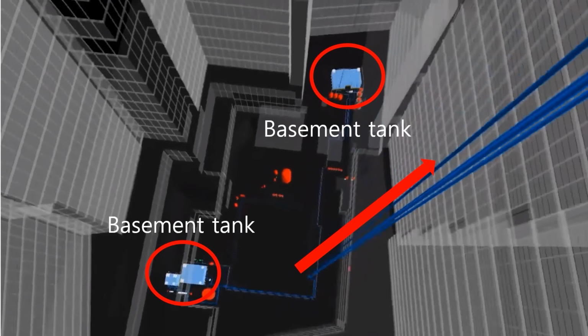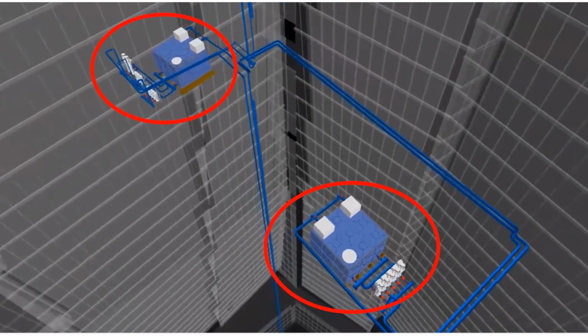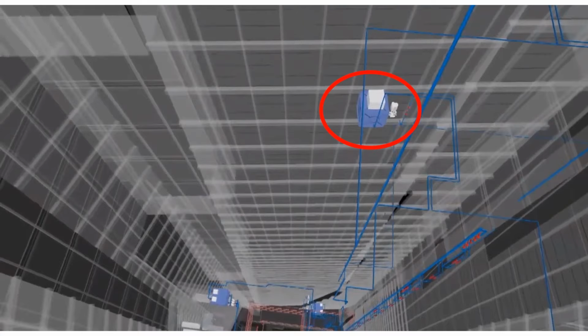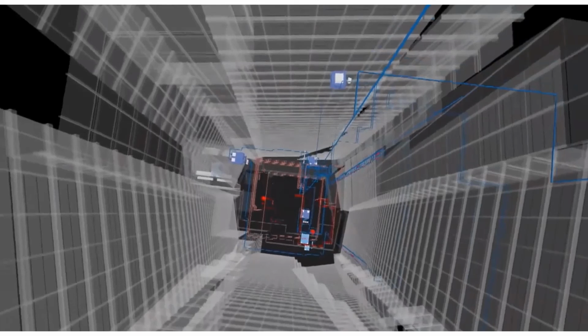Water rises up to the top of the building via those tanks and pumps. Tanks and pumps are located at 29 level, 51 level, 67 level, and 87 level at the spire.